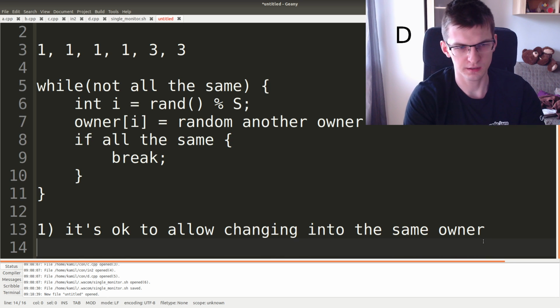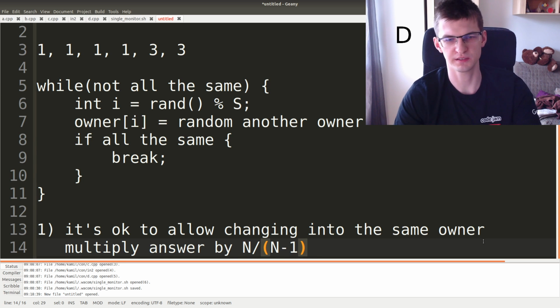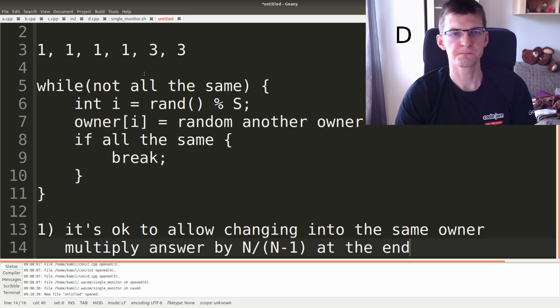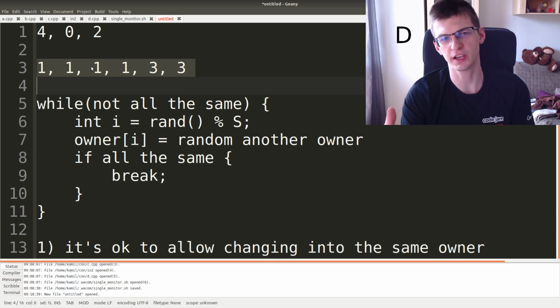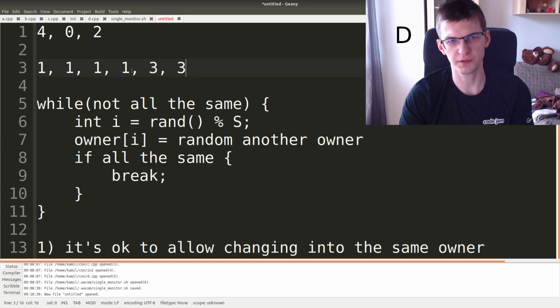At the end, multiply the answer by this. Because I can say that a few moves in a row can not change anything. Instead, I'm computing the expected number of any moves, including those wasted moves.